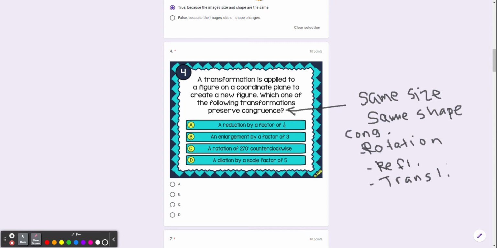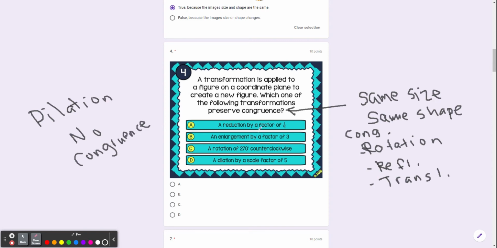They stay the same size and the same shape. A dilation does not maintain its congruence. That's the only one that does not stay congruent.